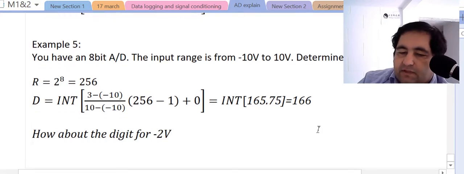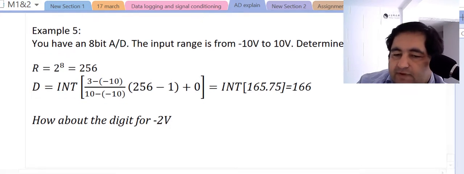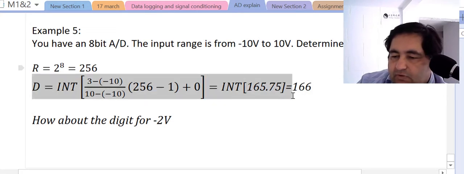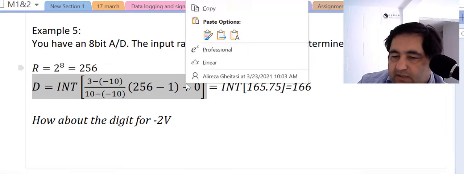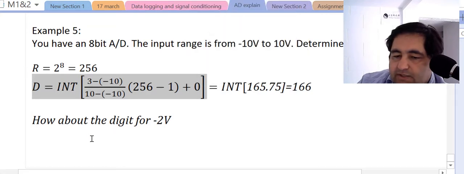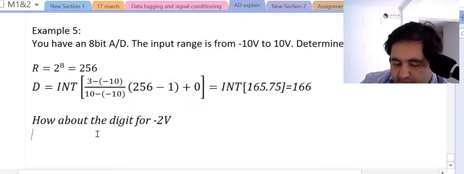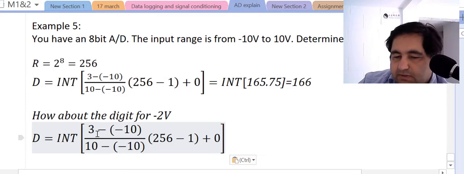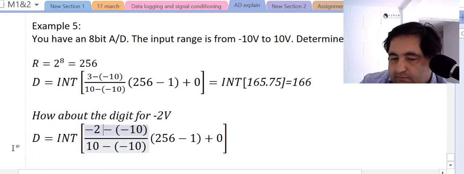Yes, well, it is again going to be very similar, so the resolution stays the same, but all we have to do is to just enter the minus 2 volt as required. So the Vn was 3 volt, now it's going to be minus 2 volt.